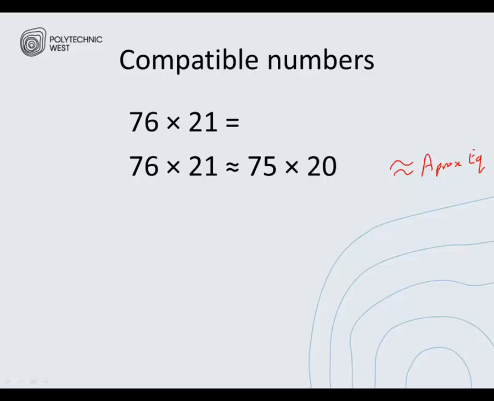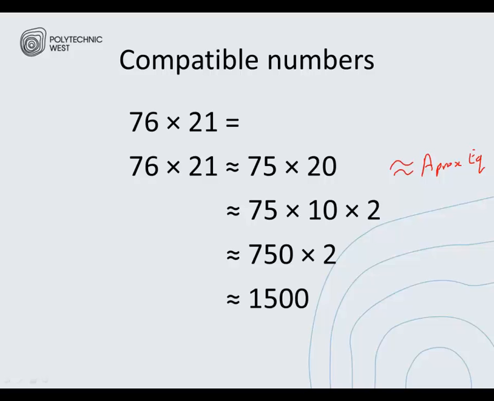They're easier numbers to deal with, especially when you think that 20 is actually 2 times 10. So I'll simplify that out. It's nice to get tens because multiplying things by 10 is very easy. 75 times 10 is just 750. 750 times 2 is 1500. So I know the answer to 76 times 21 should be round about 1500.